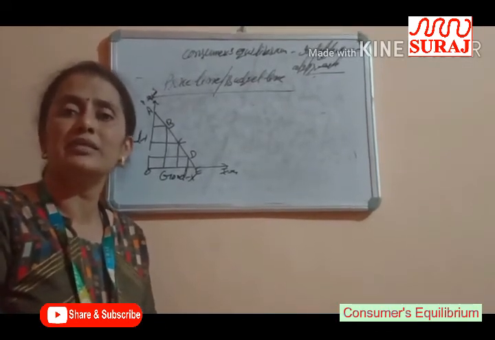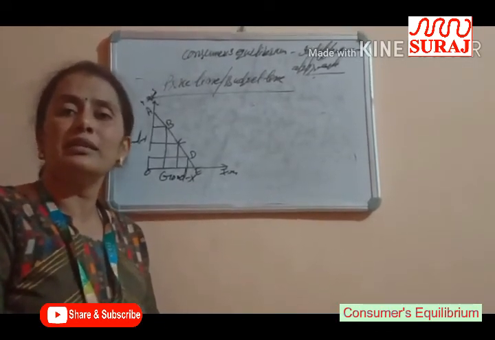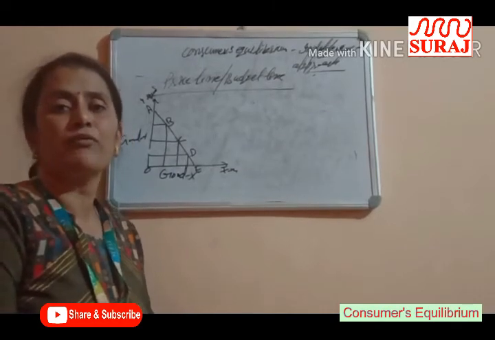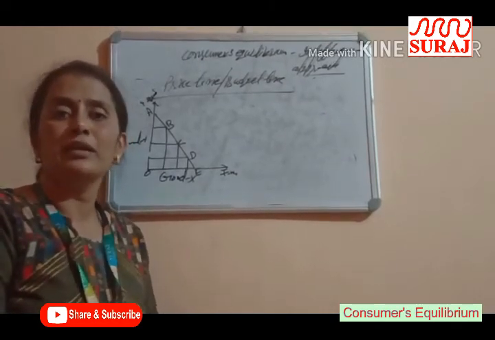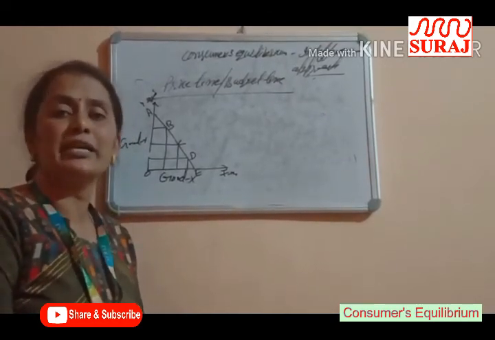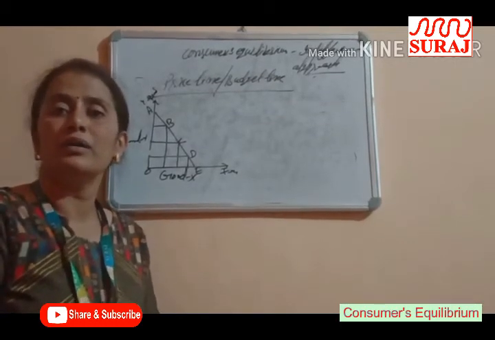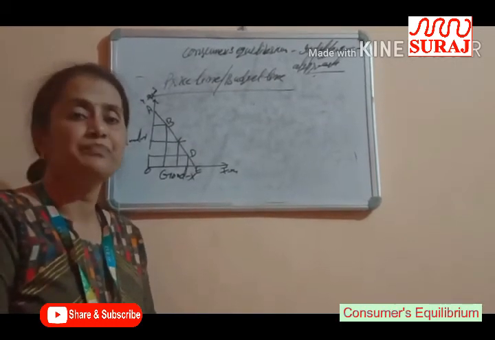These are called the budget line. It means the budget line shows the different combinations of two goods X and Y when resources, or market price and income, are constant, right?